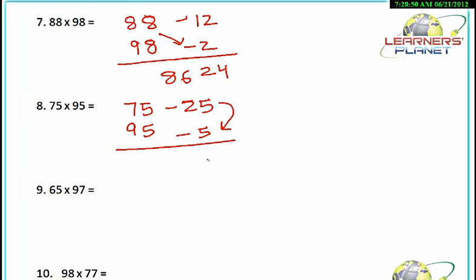So with this multiplication, we'll be filling 2 digits only. 25 fives are 125. We'll write 25 and 1 will be carried over. Now 75 minus 5 is 70, and with this 1 we'll be getting 71. So the answer is 7125.